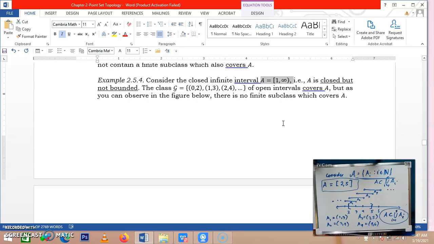Okay, our question now is, if we let this as our class of subsets of open intervals that covers A, can we get a finite subclass of G that covers the set A, where our A is closed and not bounded?